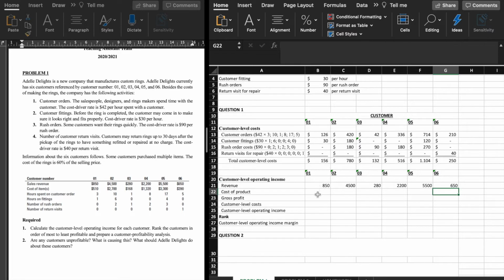And then the cost of product is 60% of the selling price, which is also stated in the problem. And then we calculate the gross profit. It is revenue minus the cost of product.